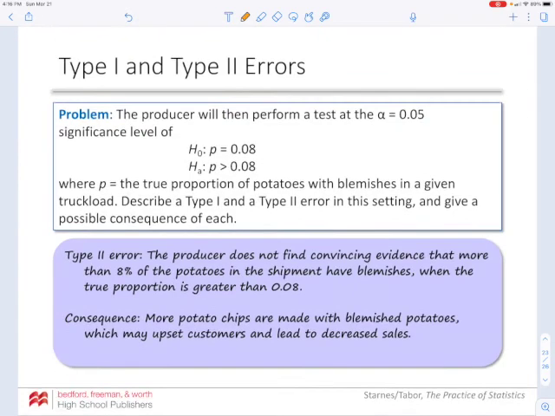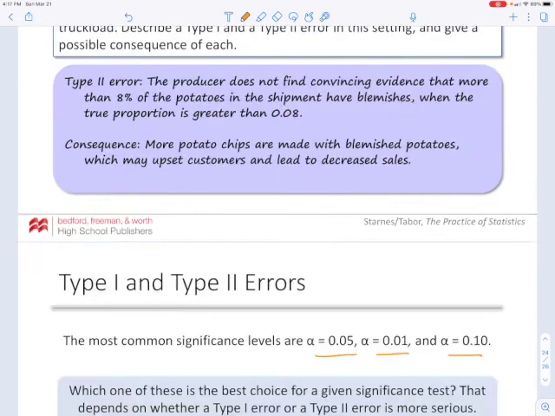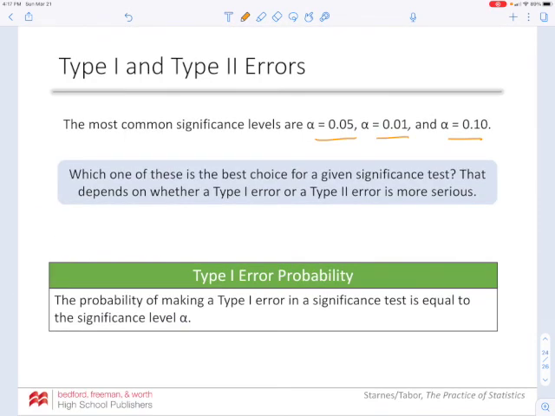So in this potato situation, is it worse to send away a truckload that you shouldn't or use a truckload that you should have sent away? So type 1 is we sent it away, but we shouldn't have. So at the 0.05 significance level, it's a 5% chance that that's what's going to happen.